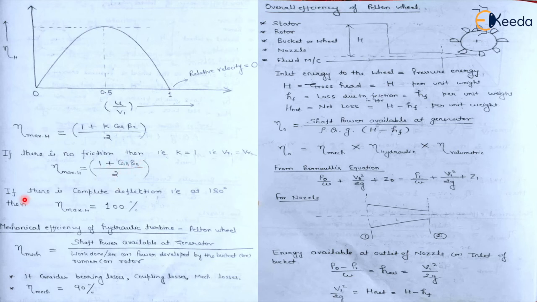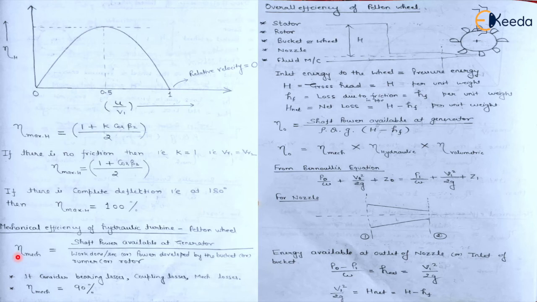If there is complete deflection, that means at 180 degrees, then efficiency will be maximum, that means 100%. Now you see here the variation of hydraulic efficiency with u by v1. This value is 0, this is 1, and this one is 0.5. This is the point at which the hydraulic efficiency will be maximum. So this is the maximum hydraulic efficiency.